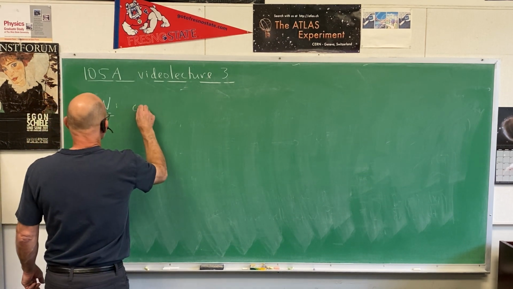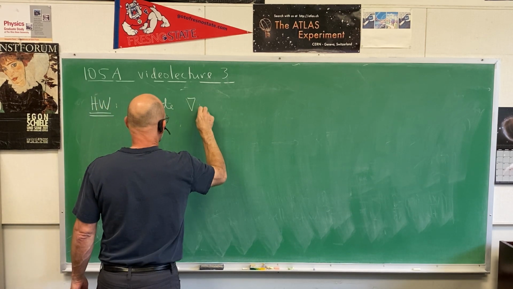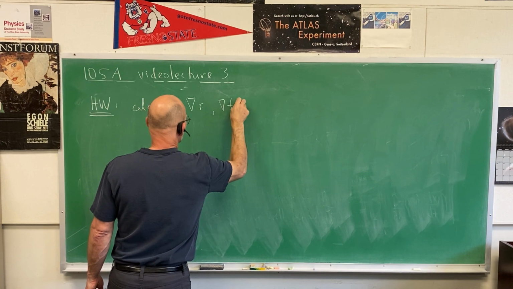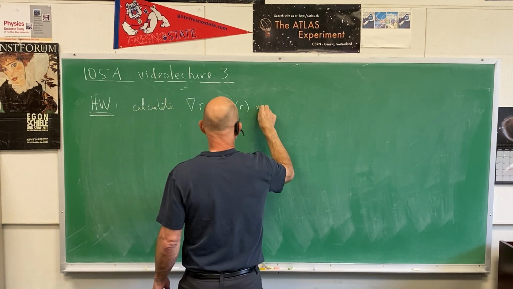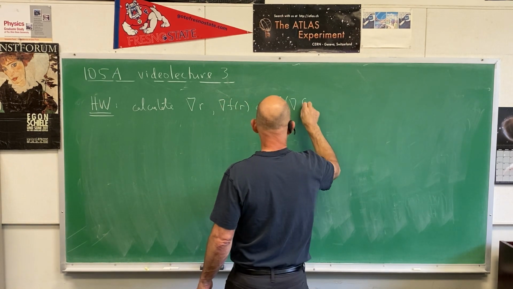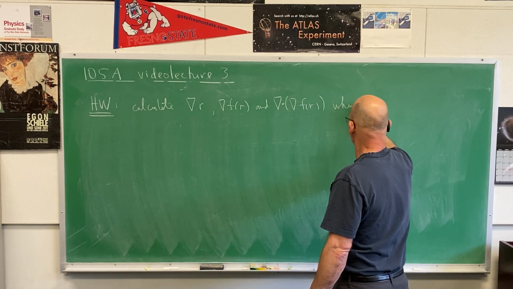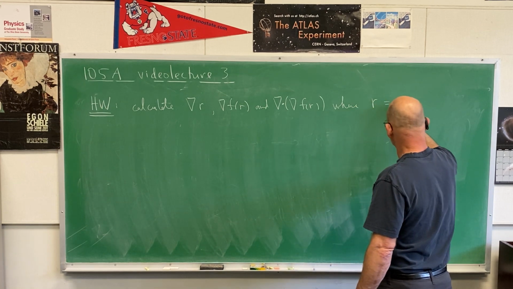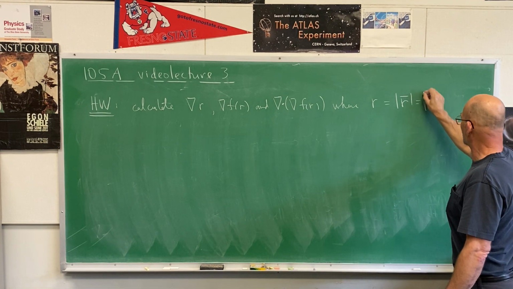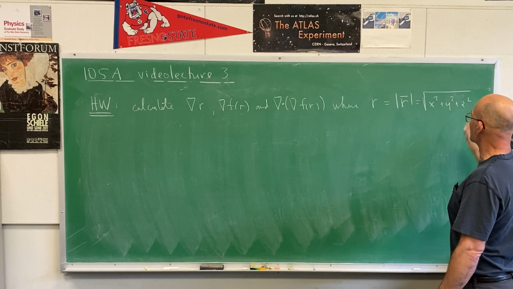So calculate the gradient of R, the gradient of f of R, and the divergence of the gradient of f of R, where R is equal to the magnitude of the vector R, or we can write the square root of x squared plus y squared plus z squared.